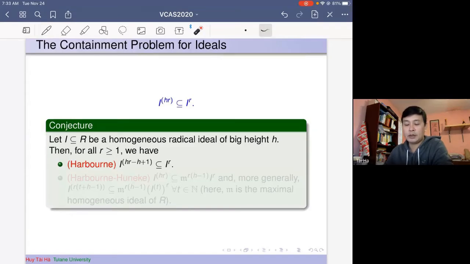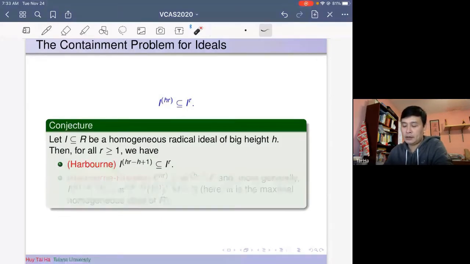The first one is due to Harbourne, where he conjectured that one can drop this power by h minus 1. So he conjectured that the hr minus h plus 1 symbolic power of I is contained in the r-th ordinary power of I. Now, it's very easy to see why this is the best that one can do. In fact, without this one, there are a lot of known examples where this containment fails, and there's reason for why the containment should fail.